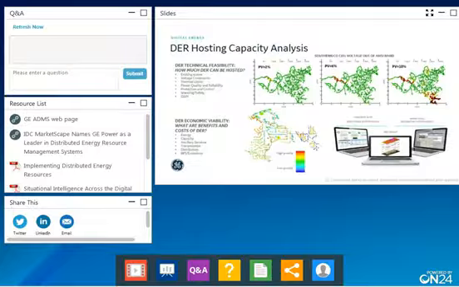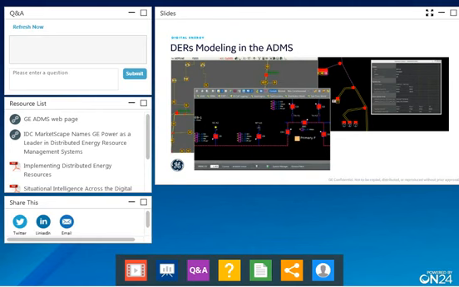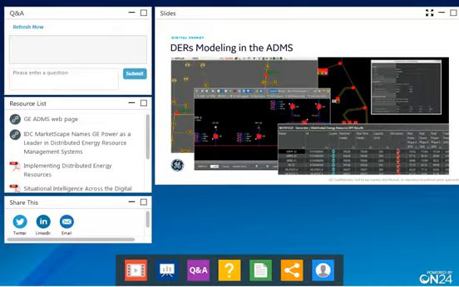Modeling needs to happen also in the ADMS for sure. So your regular ADMS needs to be able to model any type of DER, be it generation, storage, controllable load, whatever, and all the particular processes that it runs today, the power flow, the fault location, isolation, service restoration, all of these, they need to be able to account and to run in presence of backfeeds, in presence of new types of voltage profiles, in presence of hidden load and everything.